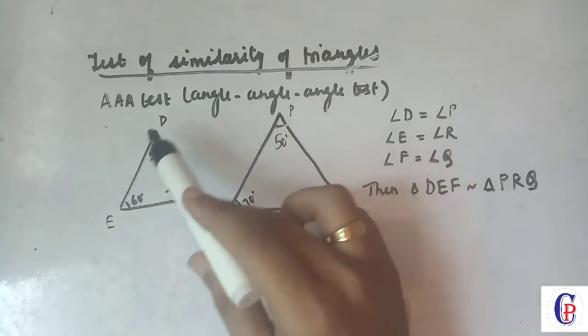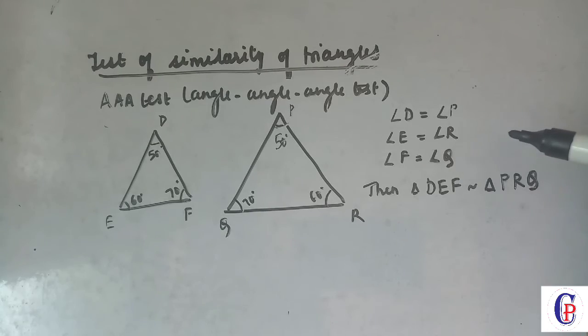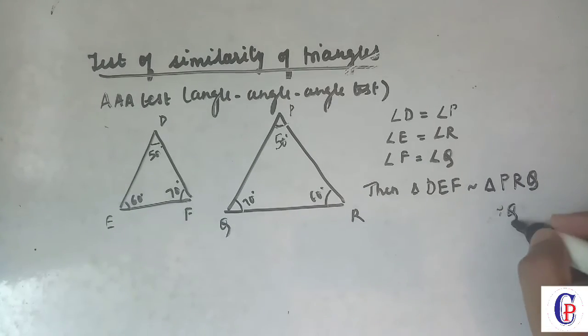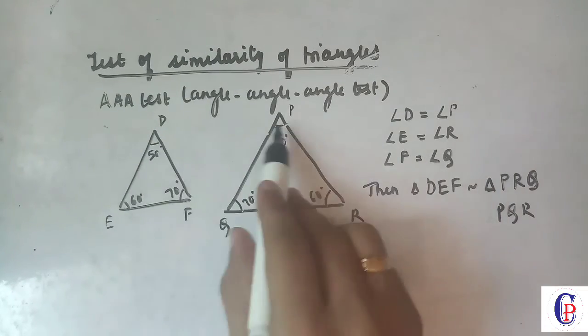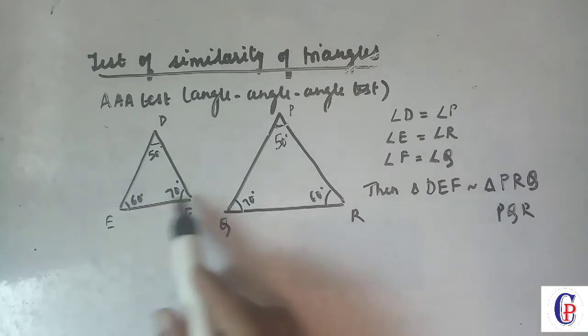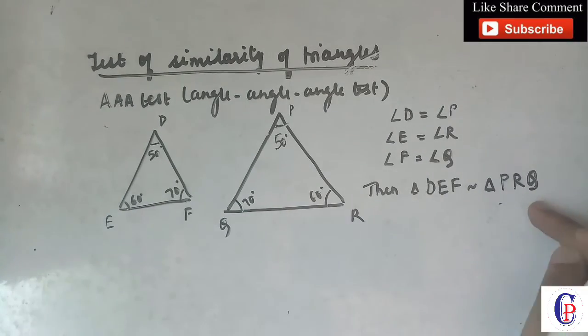Now someone may say that DEF is written, so why not PQR? If you write PQR, it will not correspond, because D and P are corresponding, but E and Q are not matching. Okay, so it will be wrong. So you need to write triangle DEF similar to triangle PRQ.